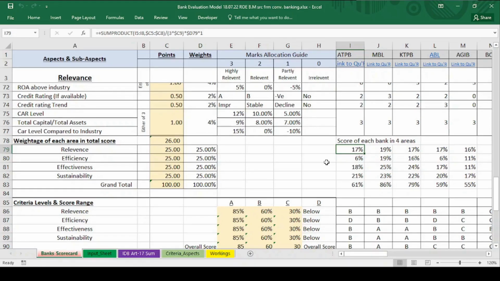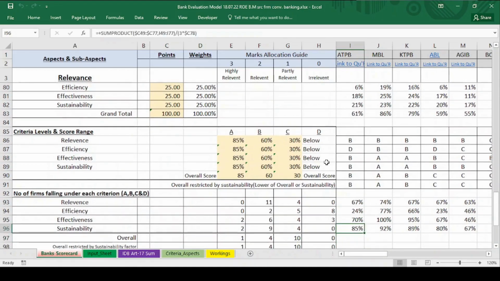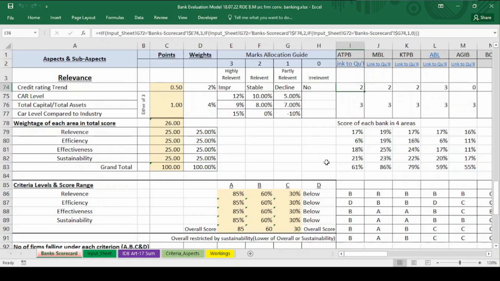And if we take it as 100, then each bank has scored this much in each area. And then these scores, according to this range of values, were given the grades of A, B, C, D, and then the overall grade was determined for each bank. So that is how I made the detailed analysis of Islamic Development Bank investments.